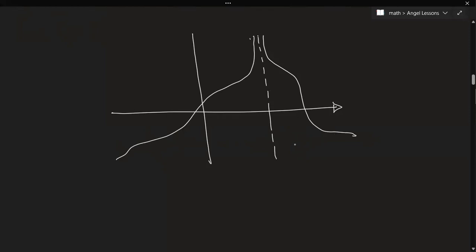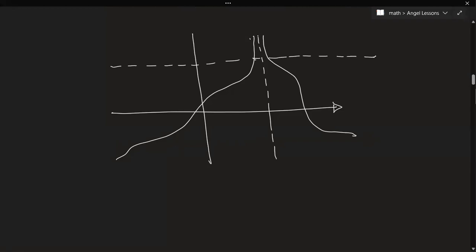Does this make sense? Because we want to create a situation where if I were to draw a horizontal line, something like that, then these horizontal lines must not meet this graph in any way like this.